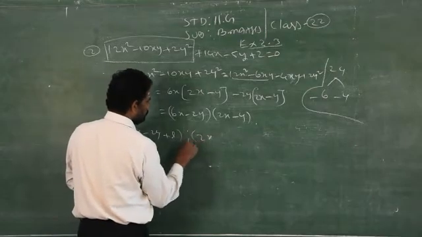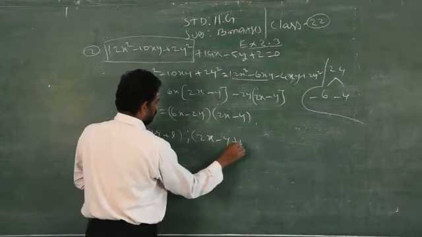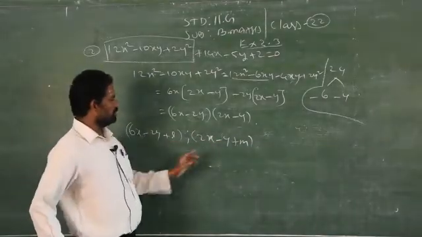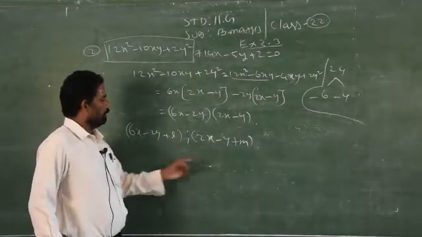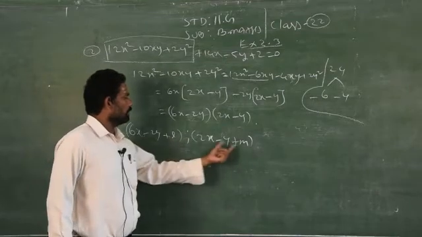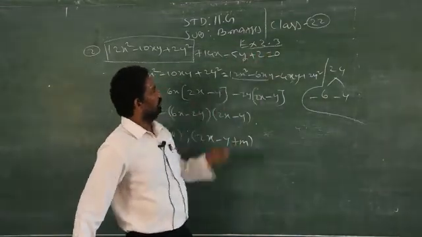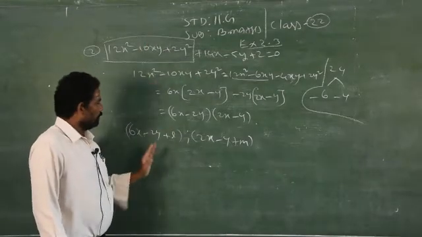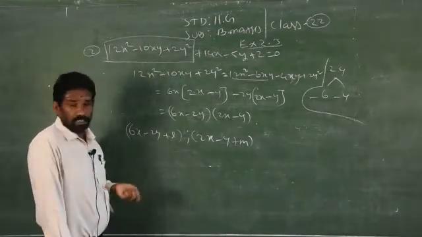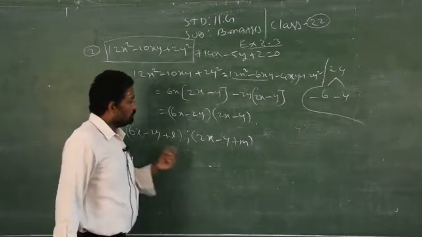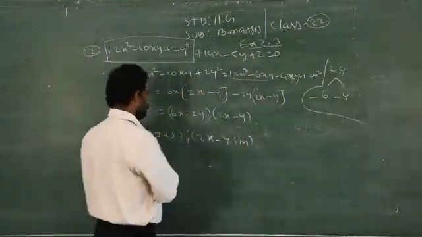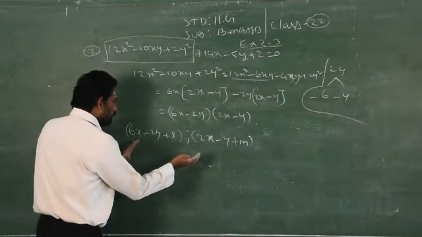Another one is, these are 2 straight lines, I don't know what the constant is. See, when you compare the 2 straight lines, you have a difference only in the constant. So if you multiply other than the constant, you get the same part. So now I have to find out what the constant is, by how much it differs from the given equation, for which I told you already.